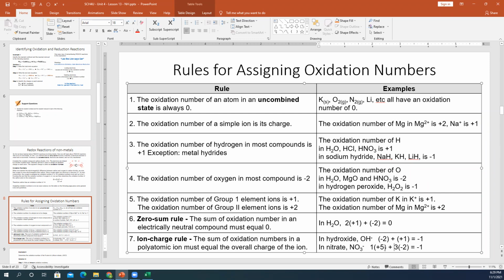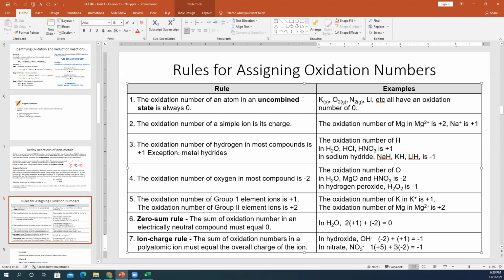And then we have 1 nitrogen. What does the oxidation number for the nitrogen need to be? Well, it needs to be a number that, once added to 3 times -2, so -6, will result in -1. So this has got to be a 5. In this case, nitrogen has an oxidation number of +5. So +5 minus 6 is equal to -1. So that's the ion charge rule.